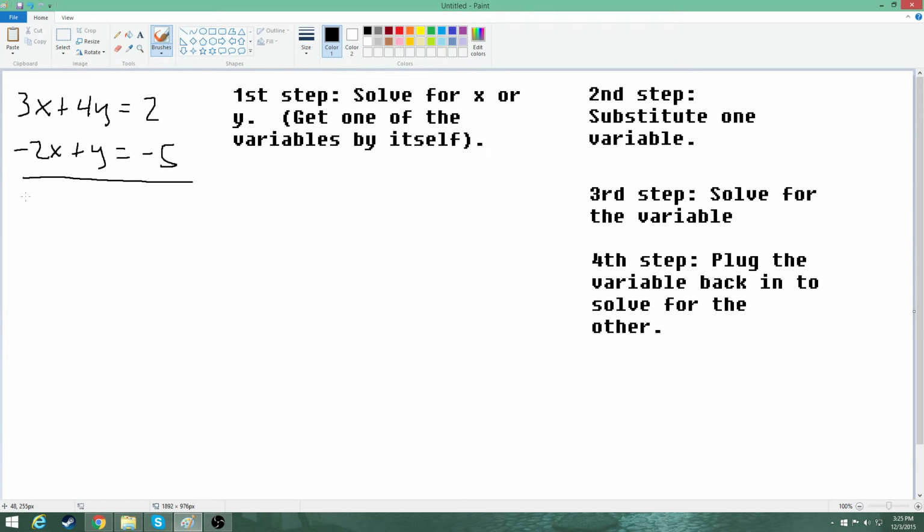We're going to add 2x to both sides. Okay, this is step 1. So what happens here is we get y equals 2x minus 5. That was step number 1.